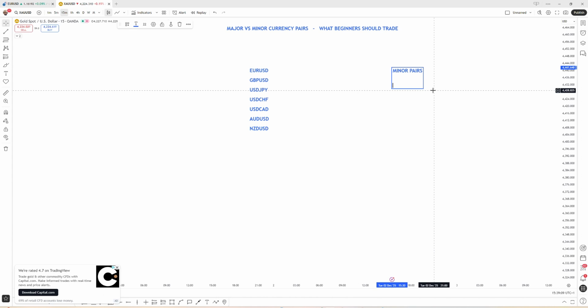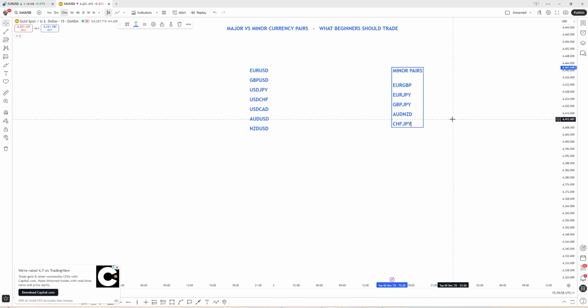These pairs include EUR/GBP, that's Eurozone versus Great British Pound, EUR/JPY, GBP/JPY, AUD/NZD, Australian dollar versus New Zealand dollar, and CHF pairs. These are the most popular minor pairs we have in the forex trading industry.